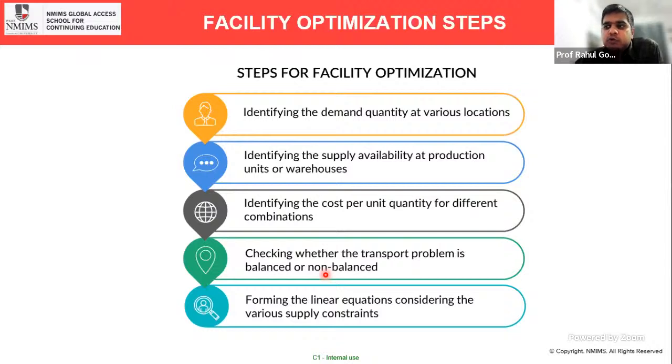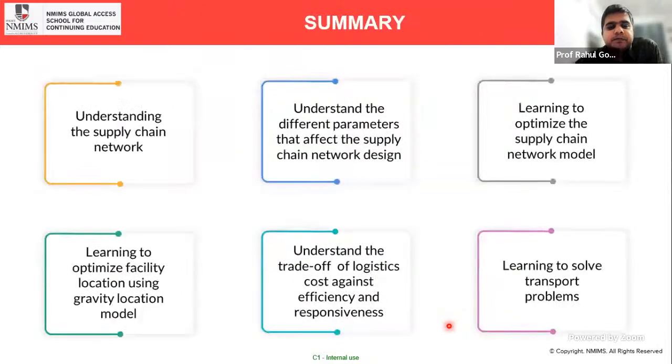So if supply is more than demand or demand is more than supply, then it becomes an unbalanced, non-balanced transport problem. So we have to ensure that the problem statement or the model that we are building is a balanced one. And then when it is converted into mathematical models, we get the results by solving it. Okay. So in summary, when we talk about supply chain network, logistics or distribution, we want to understand different parameters that affect, right?